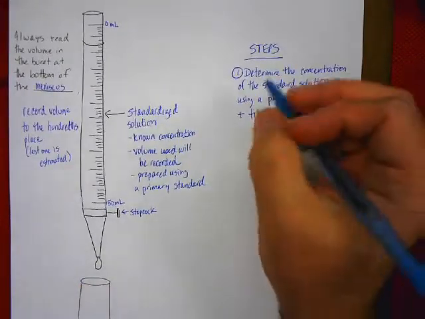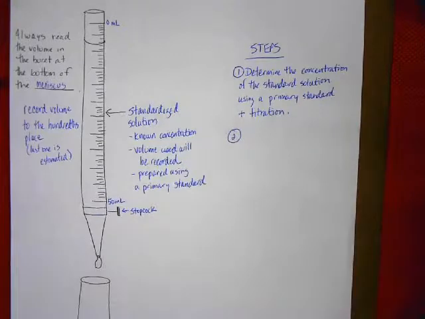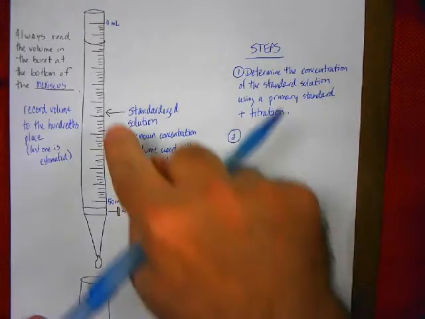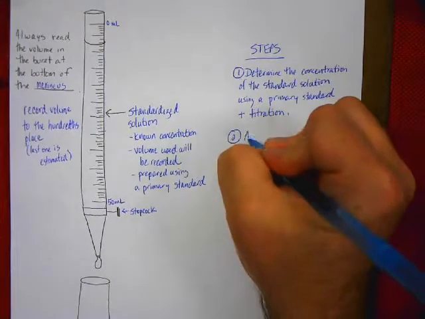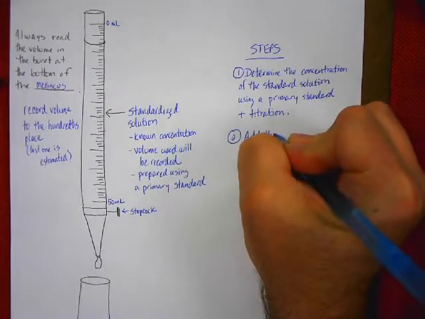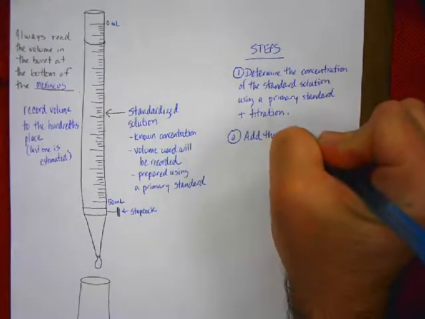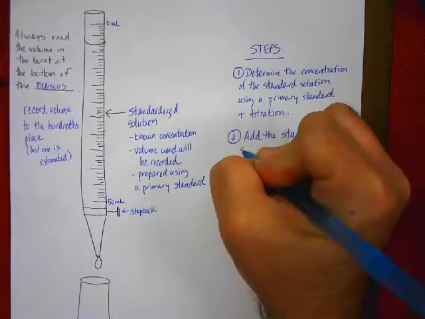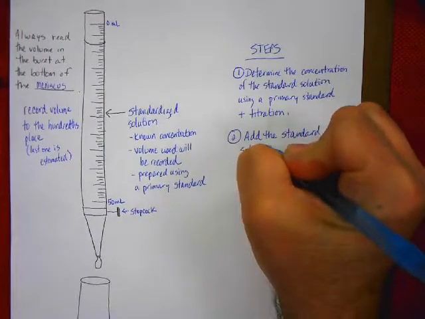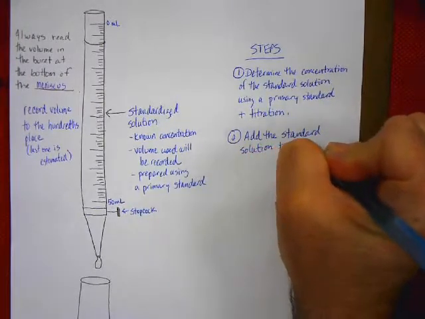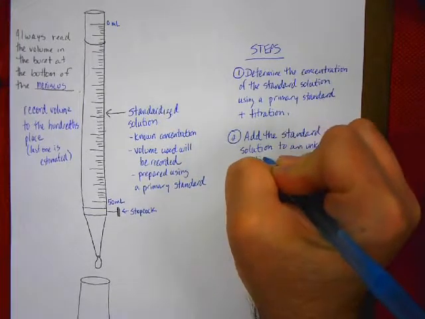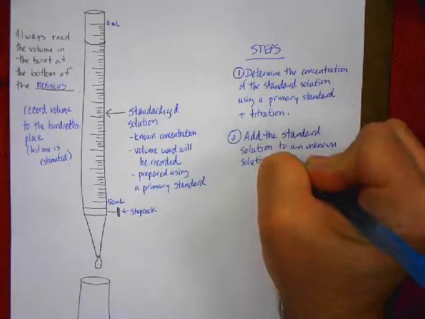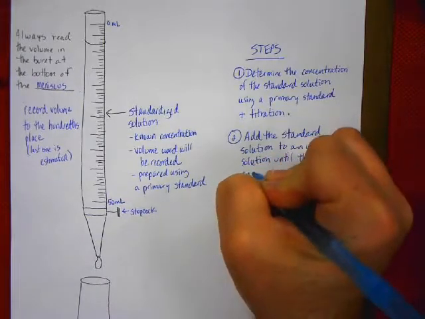So once we do that and we figure out through stoichiometry what is the concentration of the solution in this burette, we can add the standard solution to an unknown solution in the flask until the endpoint is reached.